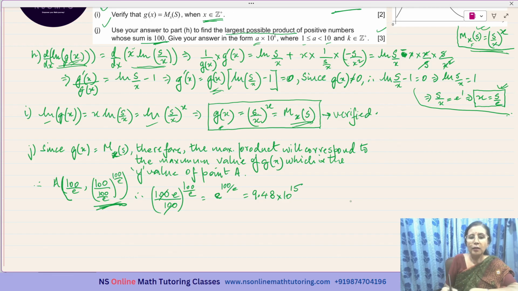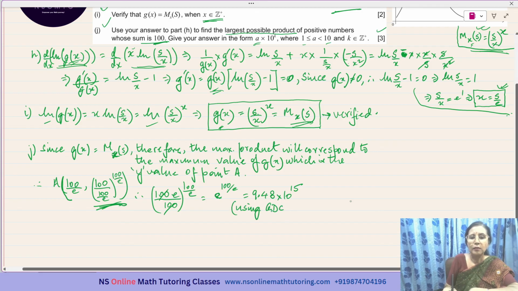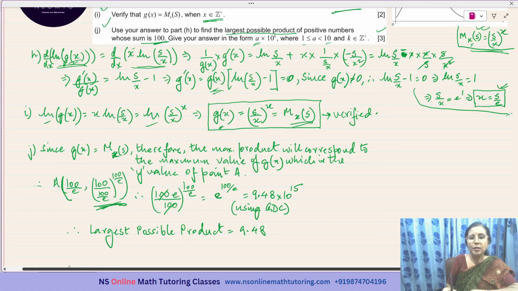Okay. Using GDC. So therefore, the largest possible product is equal to 9.48 times 10 to the power of 15.